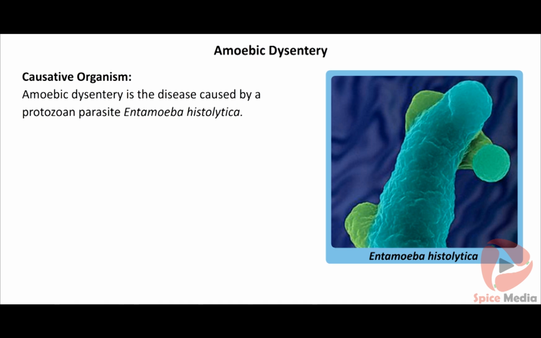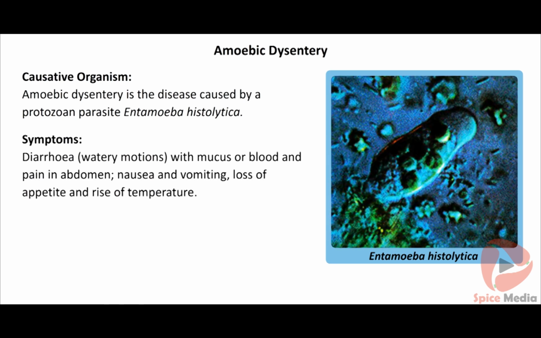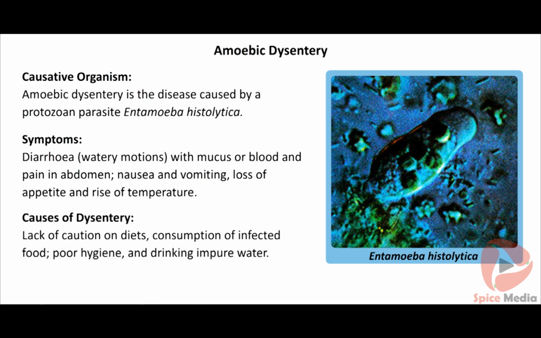Malaria is an infectious disease caused by a protozoan parasite, Plasmodium falciparum. Malaria spreads from one person to another by the female Anopheles mosquito. When the mosquito sucks blood of the malarial infected person, the parasite enters the body of the mosquito.